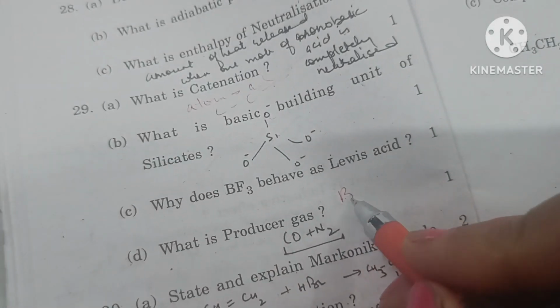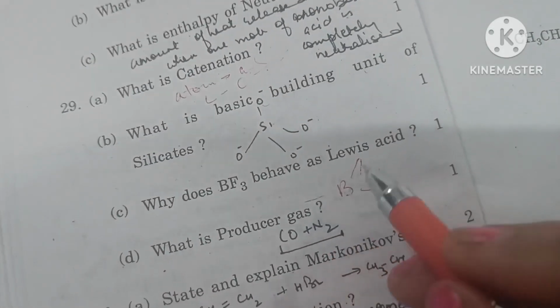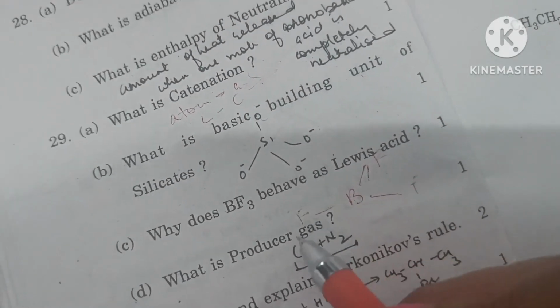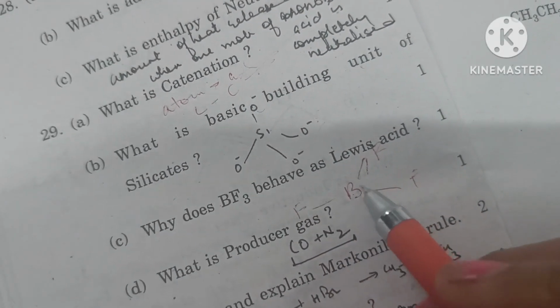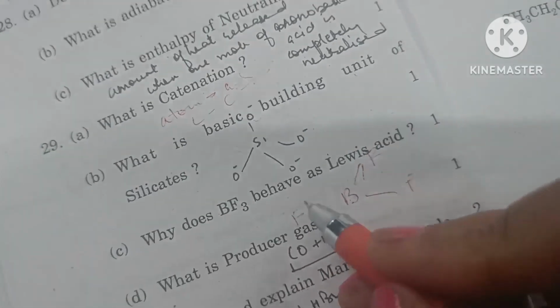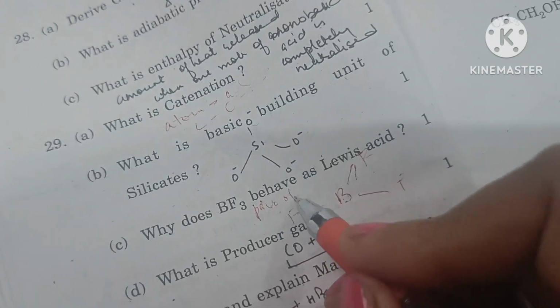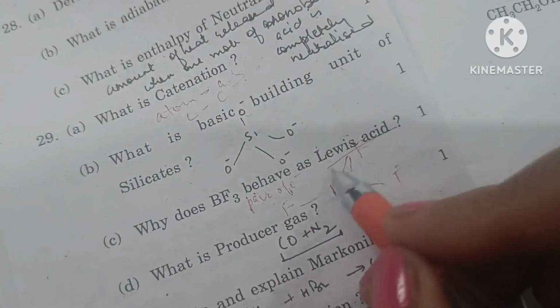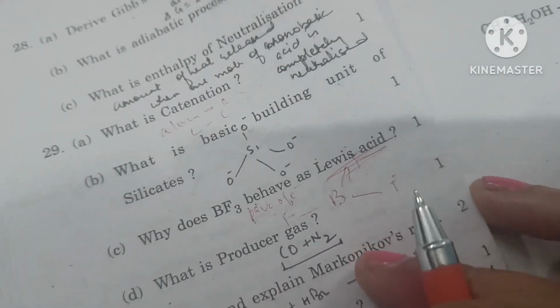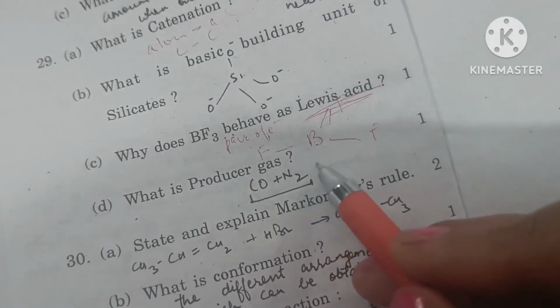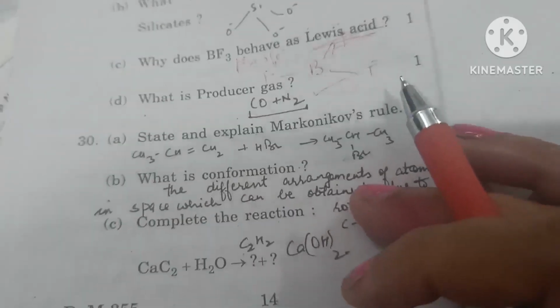Because BF3 is an electron deficient compound having only 6 electrons. So in order to complete its octet, it accepts a pair of electrons from an electron donor and thus acts as a Lewis acid. What is producer gas? A mixture of carbon monoxide and nitrogen is called producer gas.